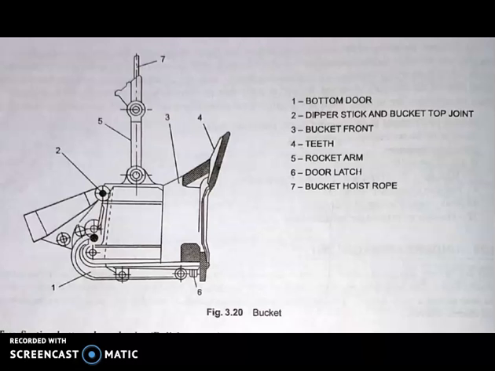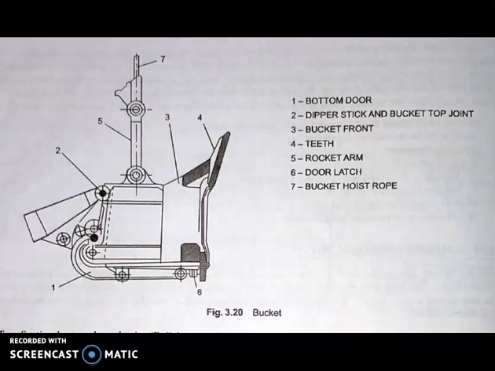Bottom discharge buckets are used in diesel and electric shovels. The bucket is divided into front and rear portions. These two portions are welded at the middle. This is provided with a door at the bottom and a locking arrangement at the lower end of the front part.